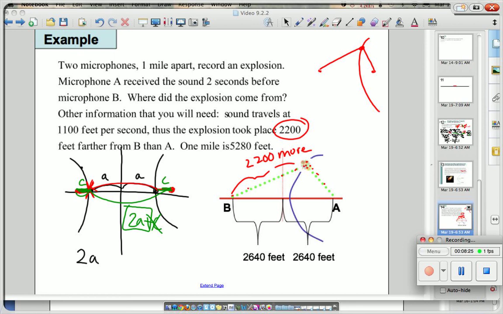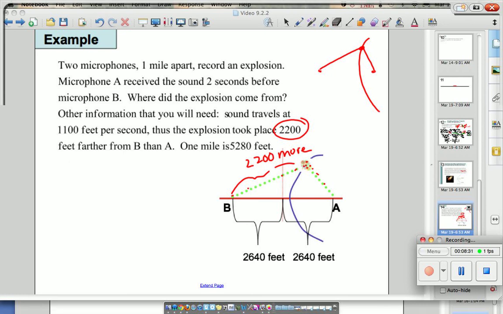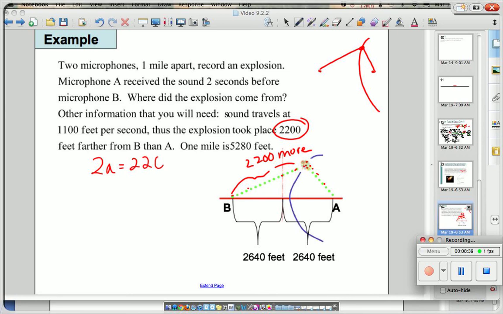So our 2a is going to equal 2,200, because that is how far the constant distance is that describes this hyperbola. That means my a value is 1,100.